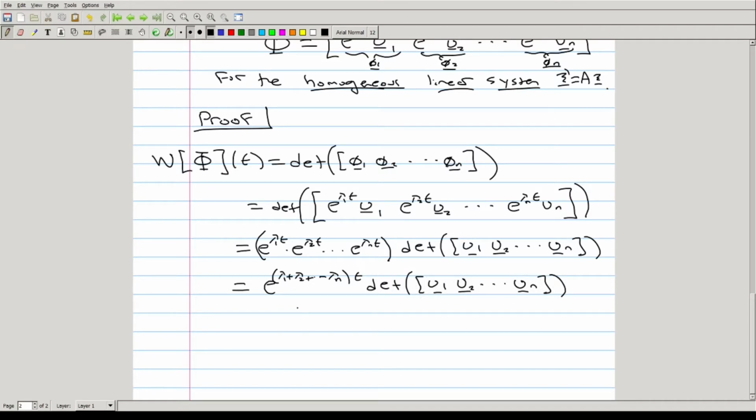And this exponential will never be zero, non-zero, for any value that we put in this expression.